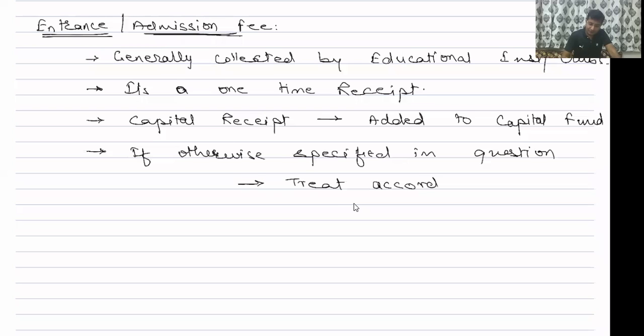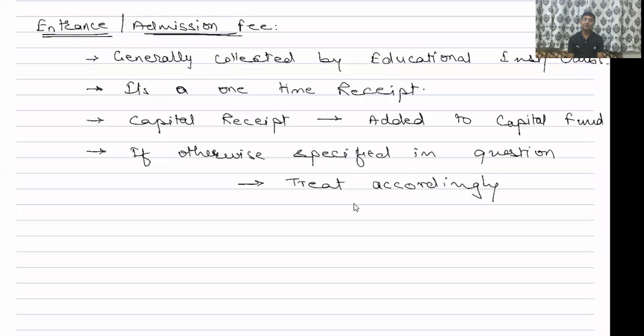From the exam point of view, if entrance fee is given in the receipt and payment account, then you have to presume that to be a capital receipt, and that will directly be added to the capital fund. However, if they've specifically mentioned that half of the entrance fee is to be treated as capital receipt, that means the balance half has to be treated as a revenue receipt.